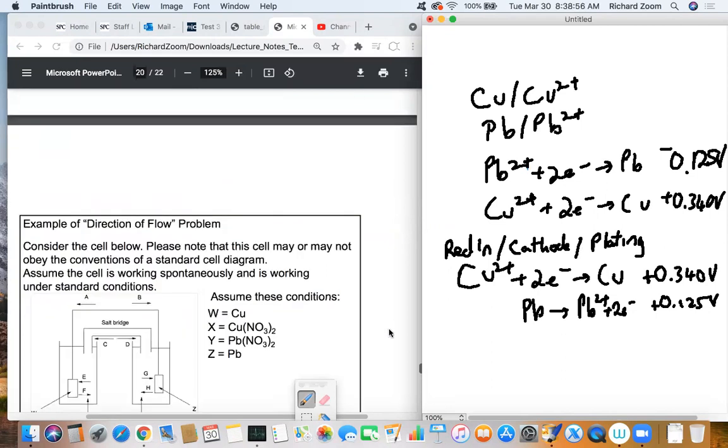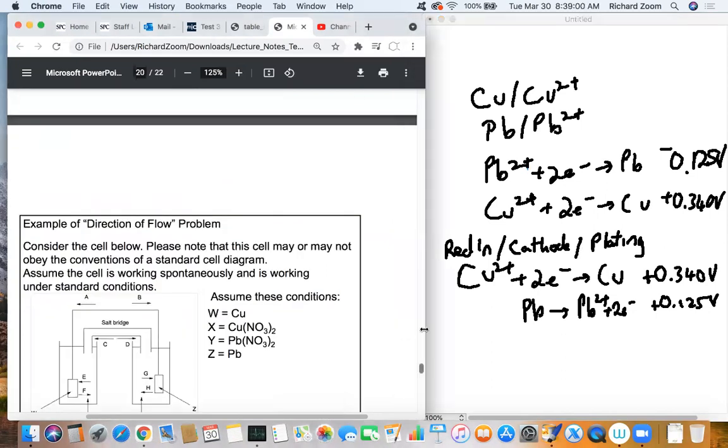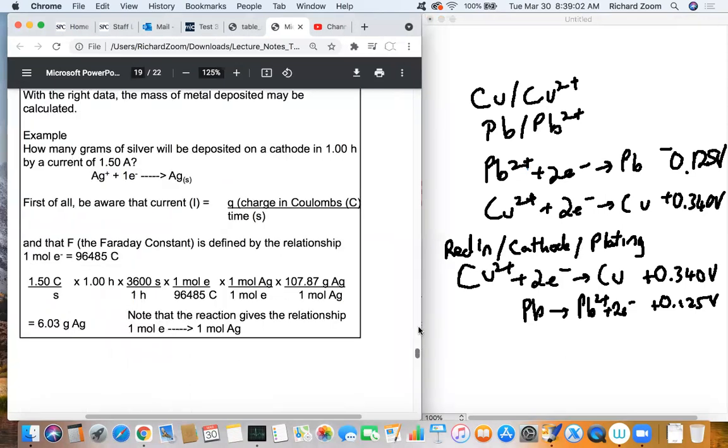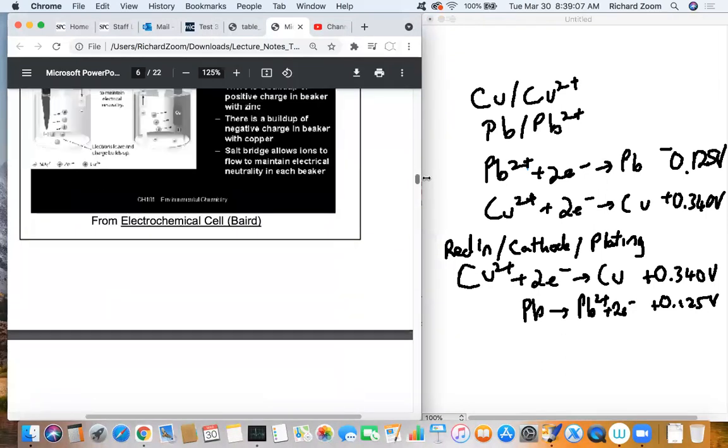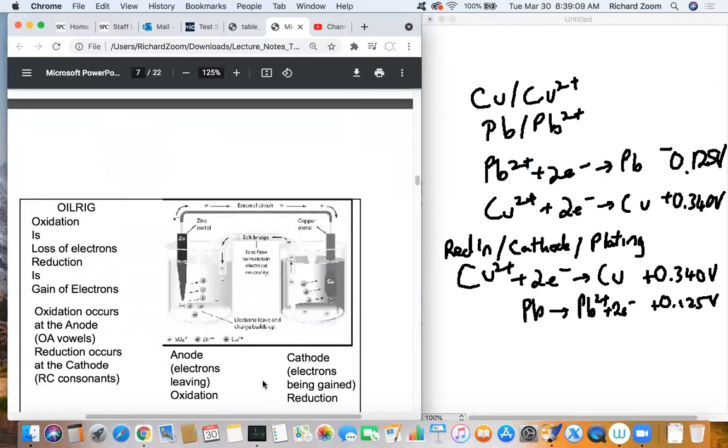I'll take you back up to this example of a cell diagram that I gave you a while ago. And there it is here. You'll remember what happens here. One side has an electrode that's dissolving. The zinc is turning into zinc 2+.